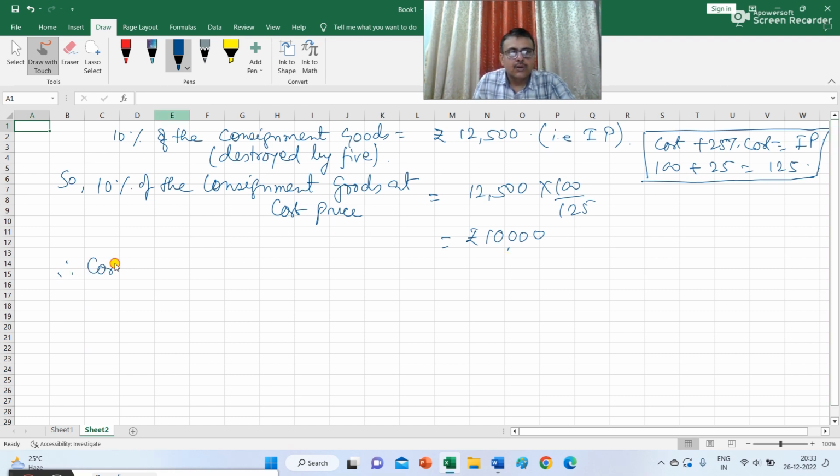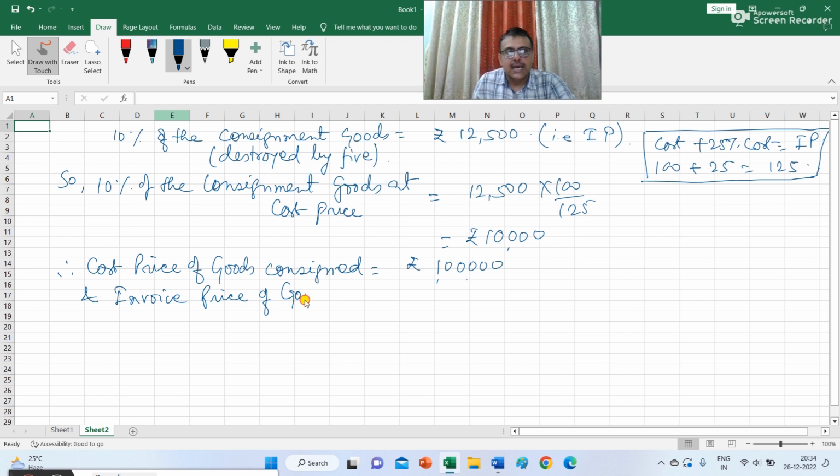Therefore, cost price of goods consigned is equal to rupees 1 lakh, 10,000 multiplied by 10, and invoice price of goods consigned is rupees 1,25,000.